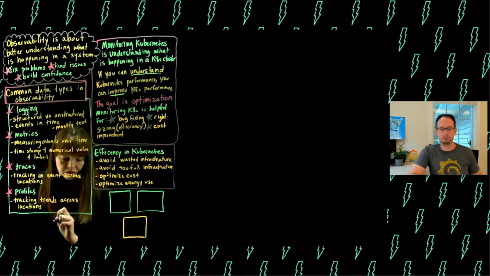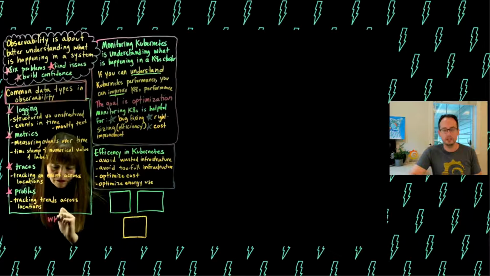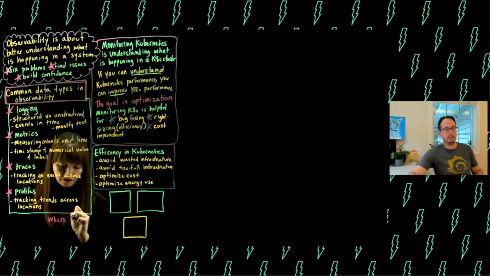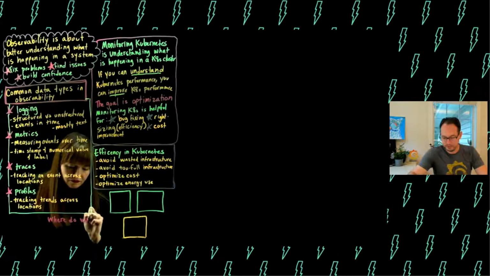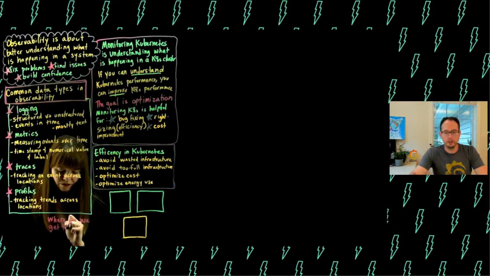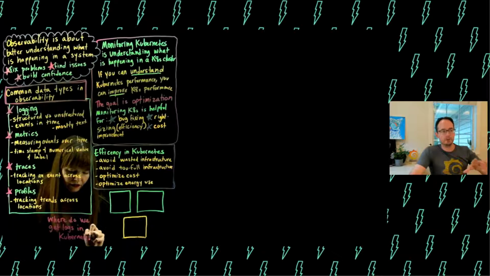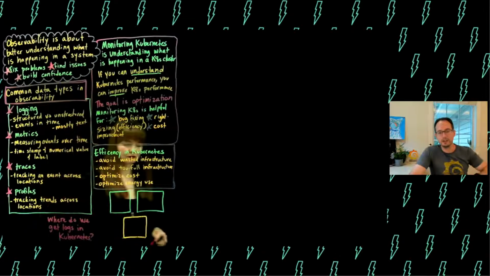But how Kubernetes does it is, anything that is output as standard out or standard error will be recorded onto each of the individual nodes. So there's a special directory on the node itself where it stores all of this output as files.